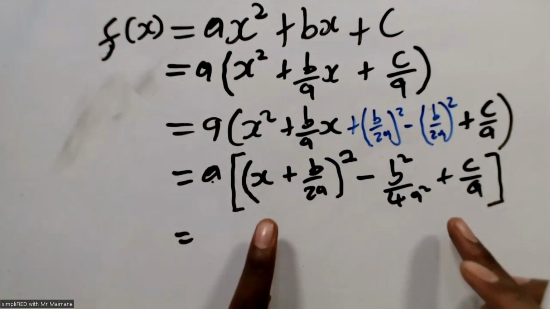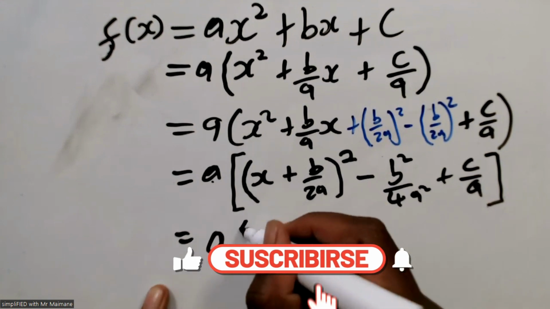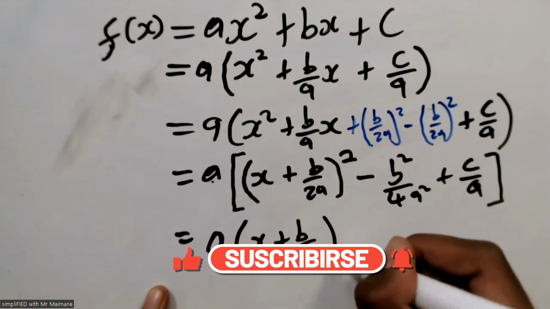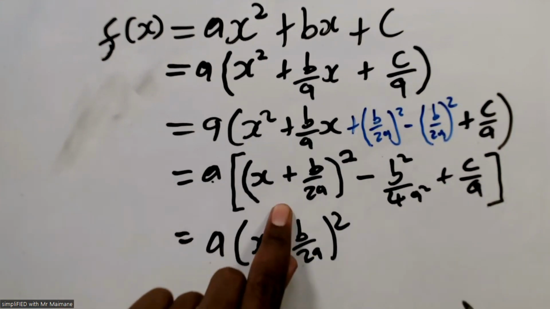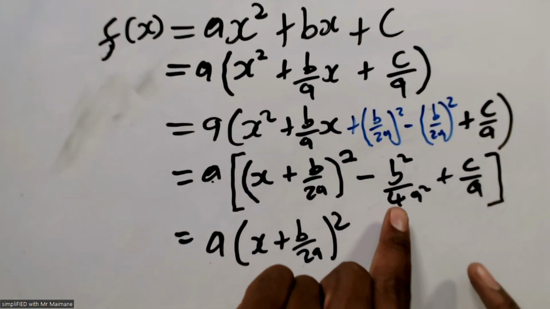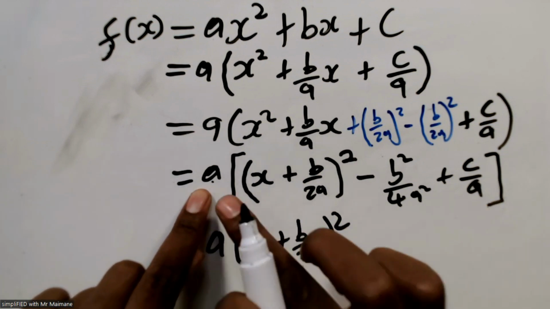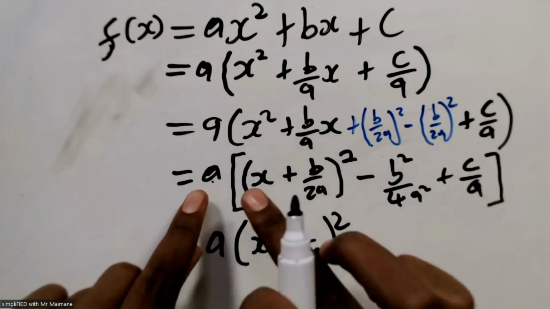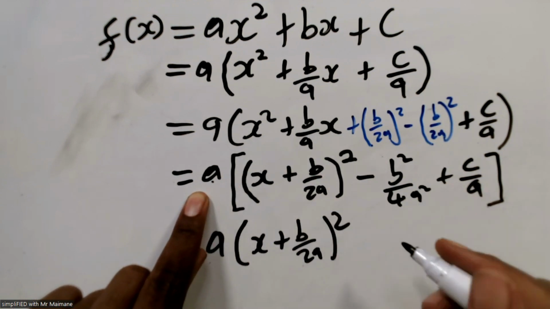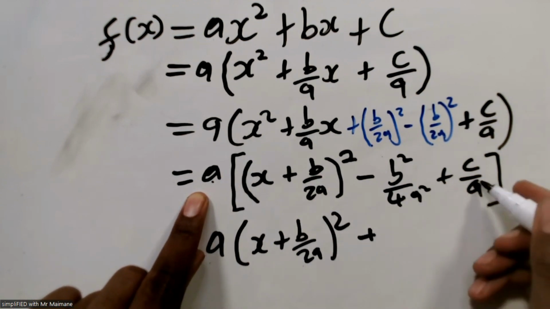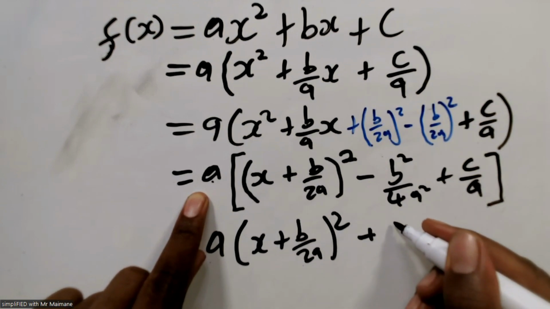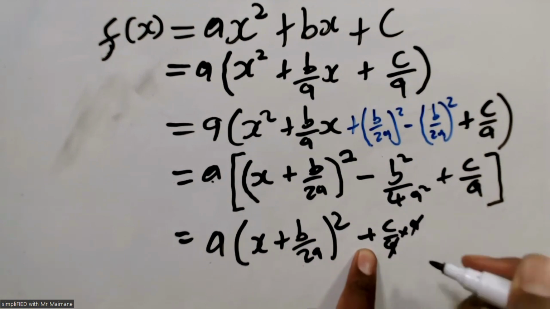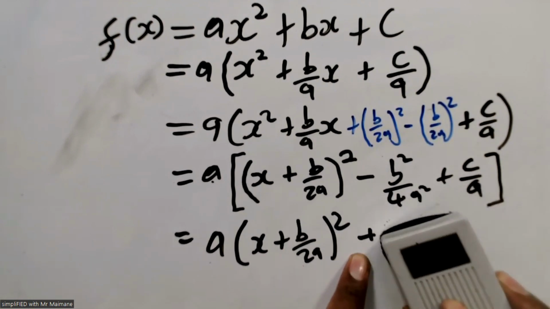So when I multiply back by a everything, I'll have a into x plus b over 2a squared. I will say a times c over a. This is going to be plus. I just want to bring this one to the positive side. So it's going to be c over a times a, and this will cancel that. Therefore, it's just going to be c.